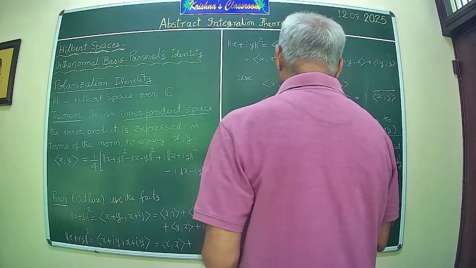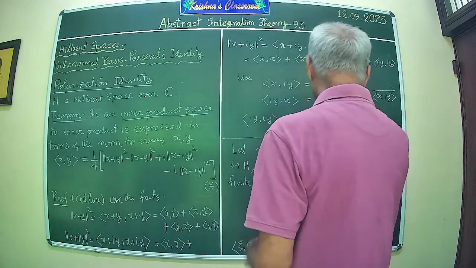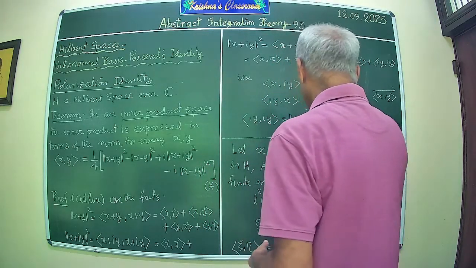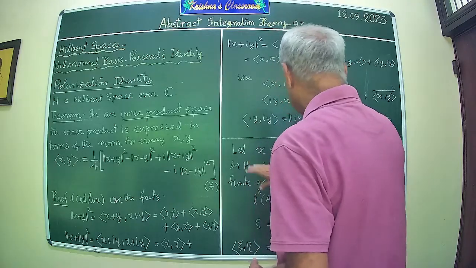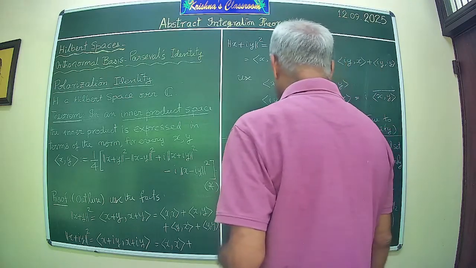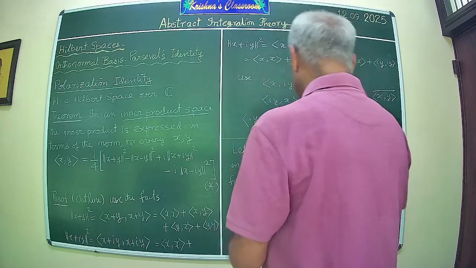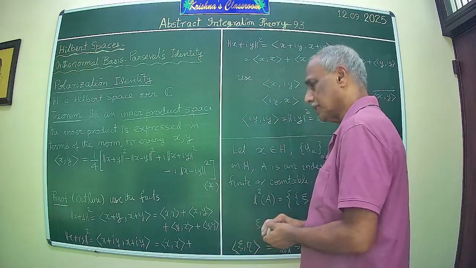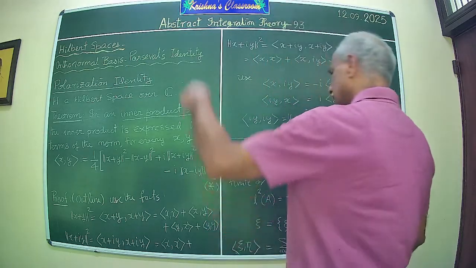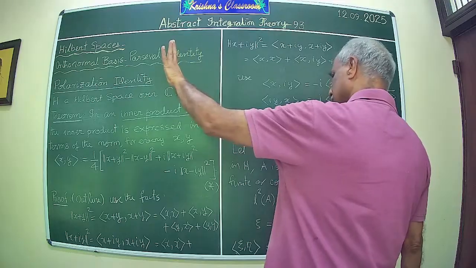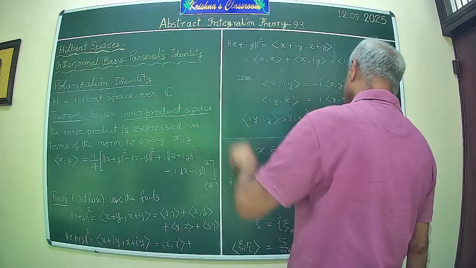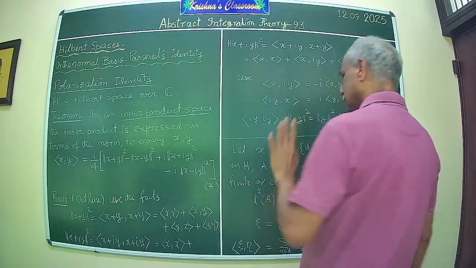Now, what we have proved earlier is that with no assumption that this is some orthonormal subset in H, there is a continuous map from the Hilbert space to L2A.